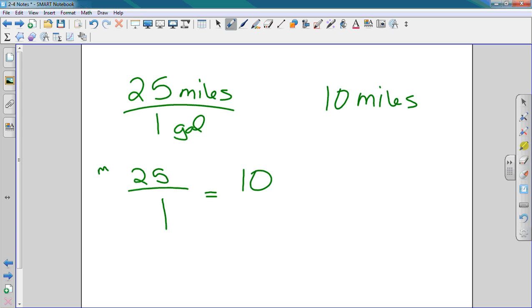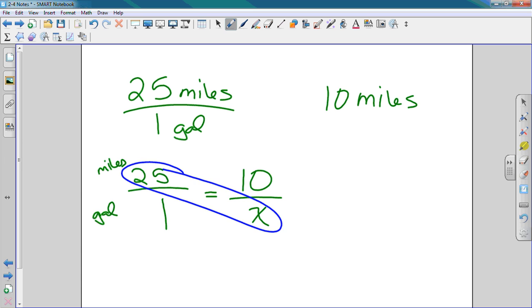This is miles, and this is gallons, but I don't know how many gallons that would take, so I'm going to put a variable in its spot. To solve, I can use one of the 3 methods, but the easiest here is to cross multiply. So I have 25x equals 10.